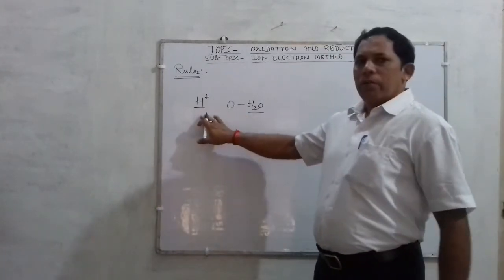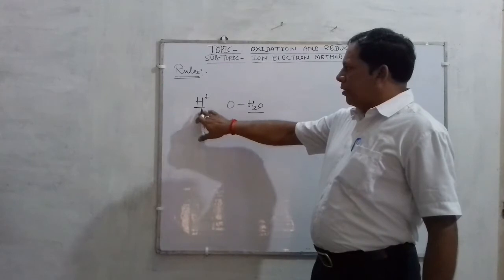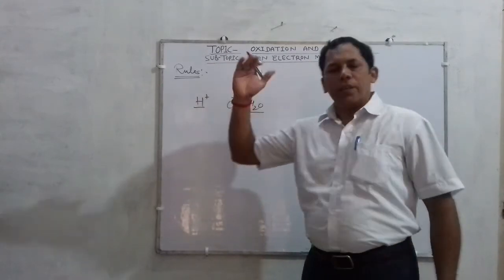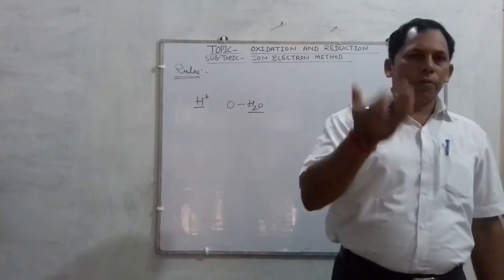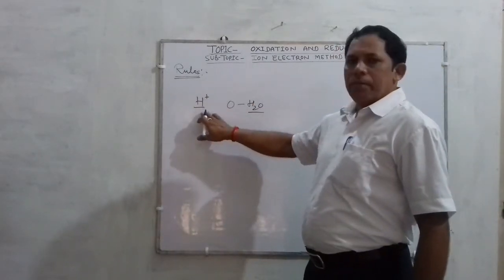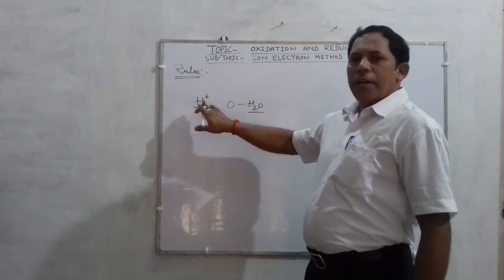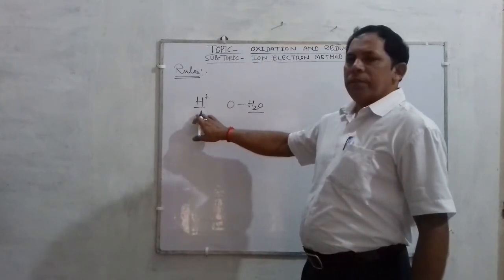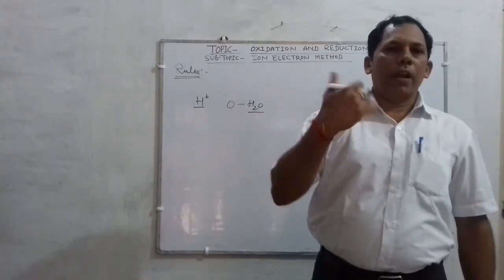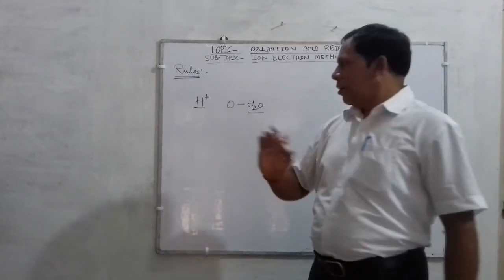So once again, listen: if the reaction is taking place in acidic or neutral medium, then for balancing of hydrogen atoms, hydrogen ion, H plus, is added on the reverse side, where hydrogen is required.